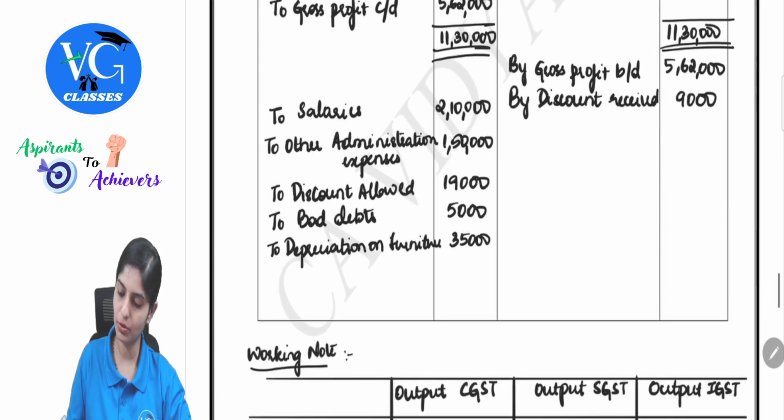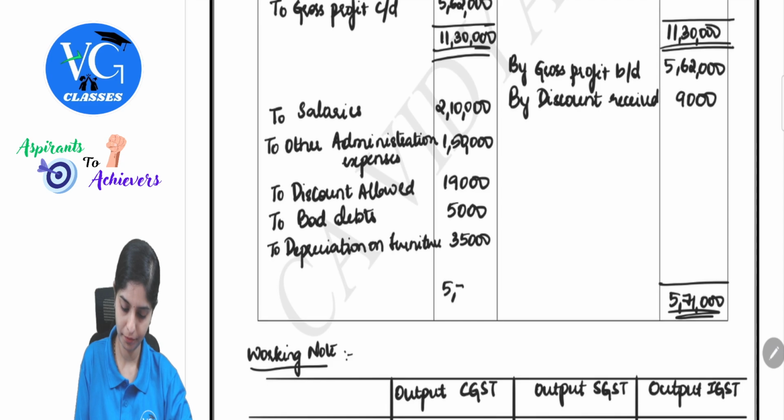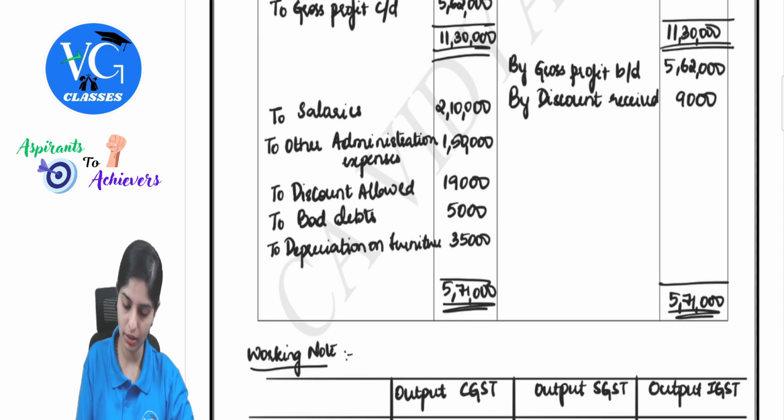Gross profit brought down 5 lakh 62,000 plus 9,000, 5 lakh 71,000, minus 2 lakh 10, minus 1 lakh 50, minus 19,000, minus 5,000, minus 35,000, 1 lakh 52. What is this?